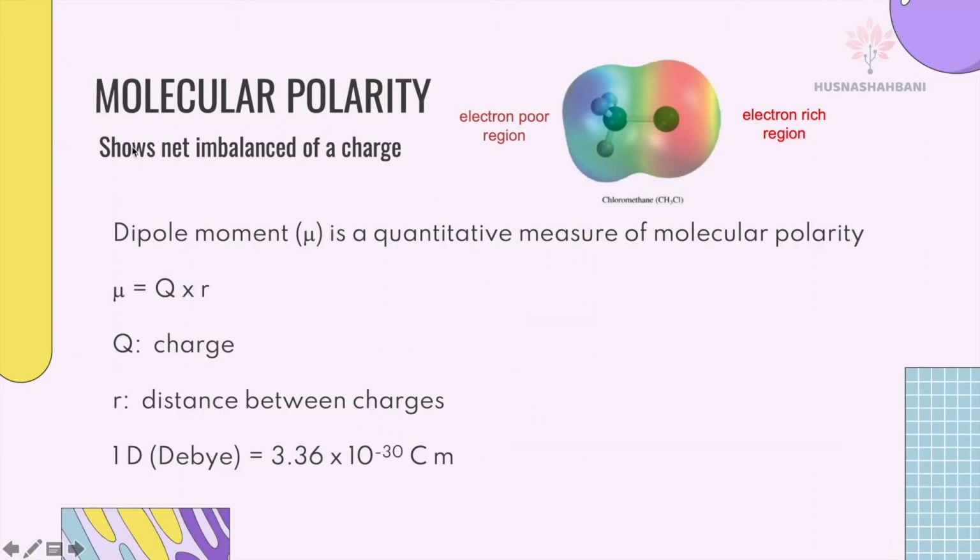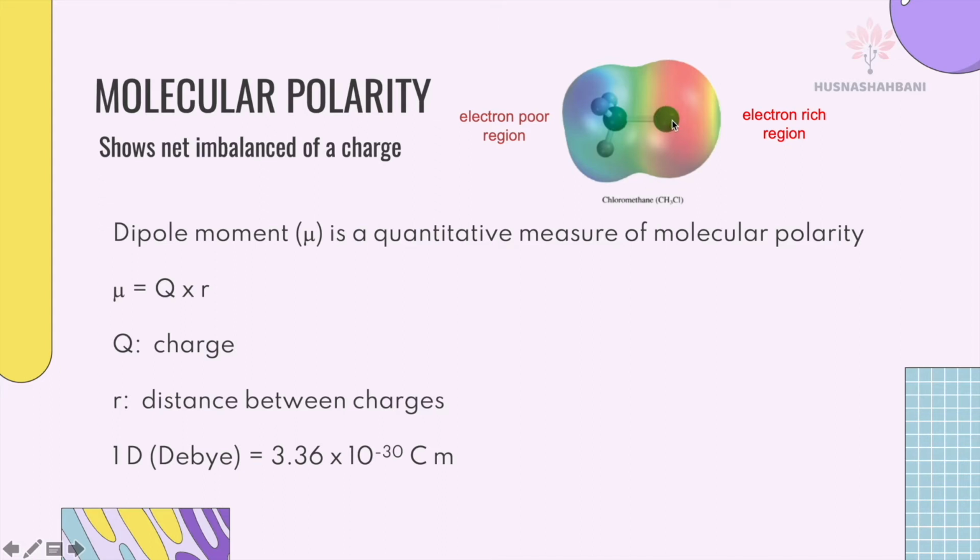Molecular polarity shows a net imbalance of charge. For example, CH3Cl: this is a carbon atom bonded to three hydrogen atoms, and this is the chlorine atom.